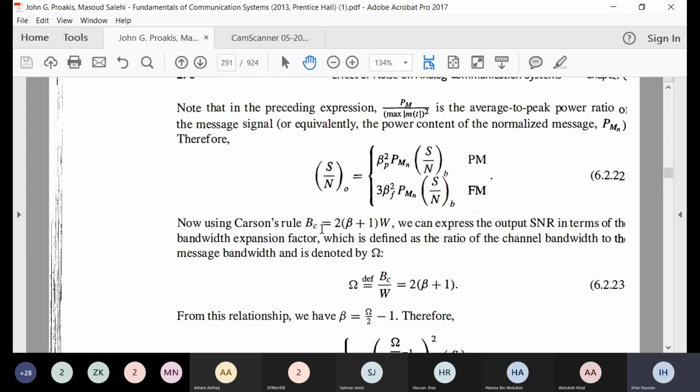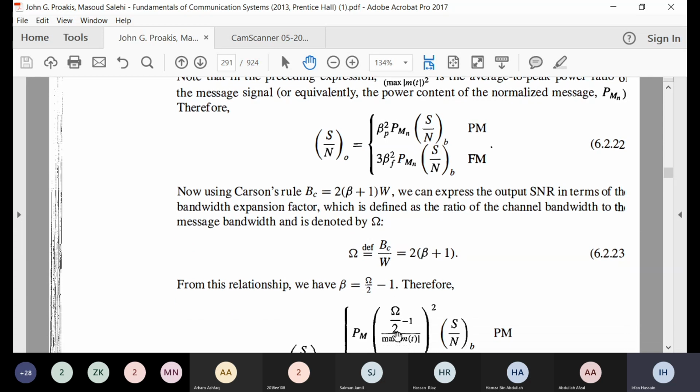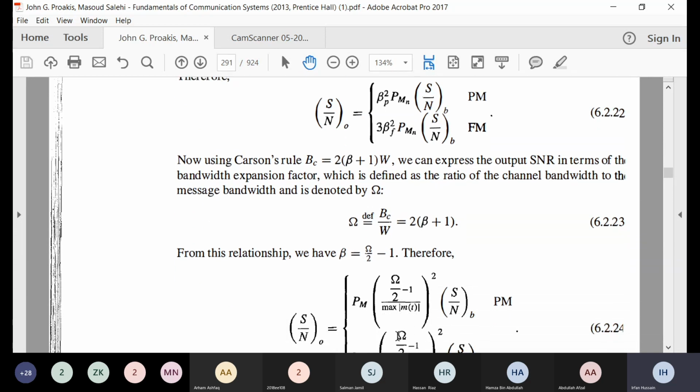This ratio we can call the bandwidth expansion factor, and this comes out to be 2 beta plus 1. Hence beta comes out to be the bandwidth expansion factor over 2, minus 1. So I can replace my beta with this bandwidth expansion factor.